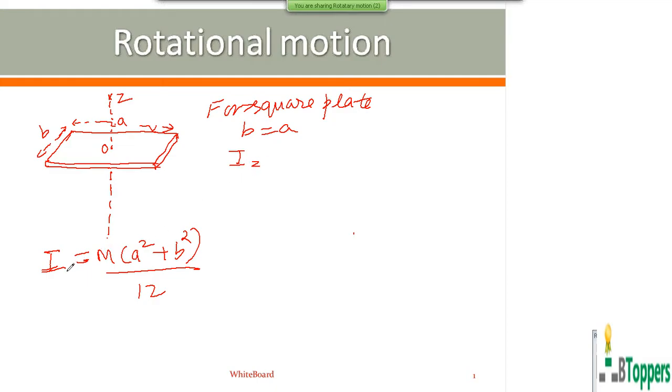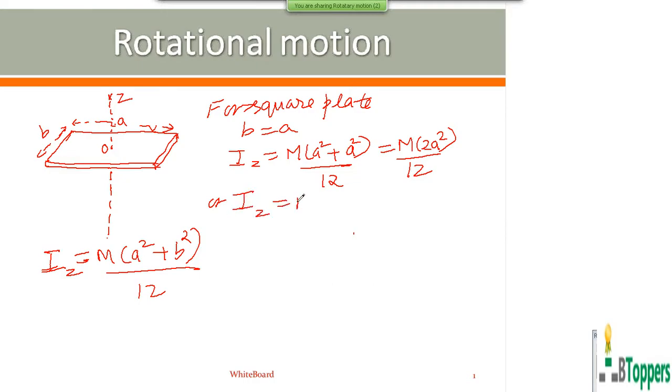So Iz, that means moment of inertia of the square plate about the axis perpendicular to the plane of the plate, M into a square plus b square by 12, can also be written with b equal to a. So moment of inertia of a thin uniform square plate about the axis perpendicular to the plane of the square plate and passing through the center of the plate will be equal to 2Ma square by 12, or you can write it as Iz equal to Ma square by 6.